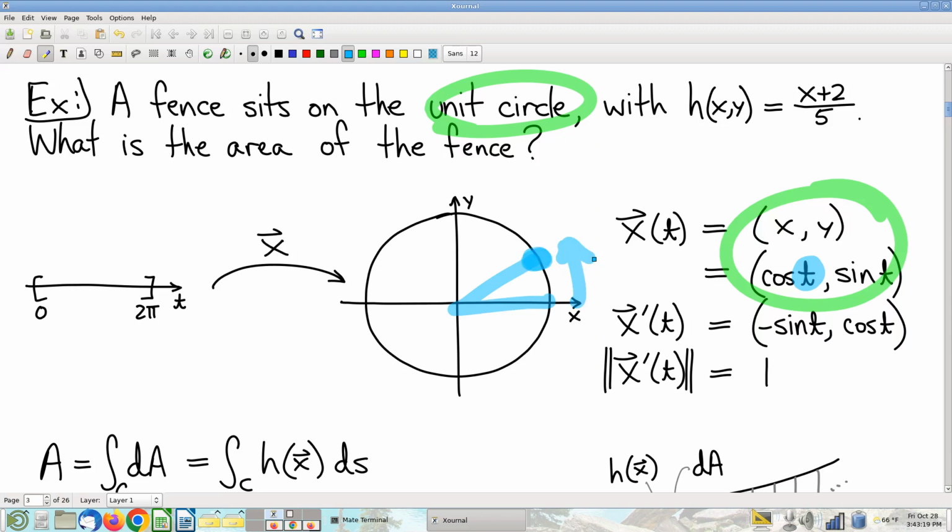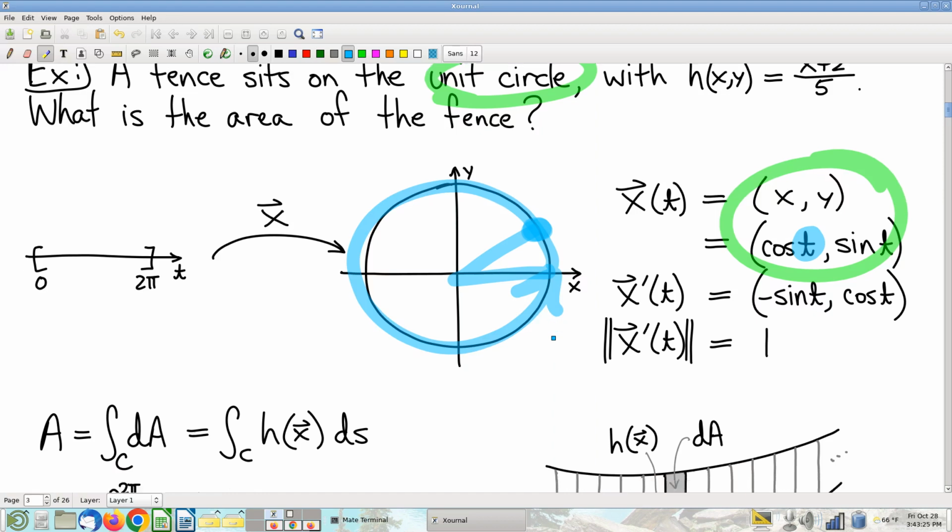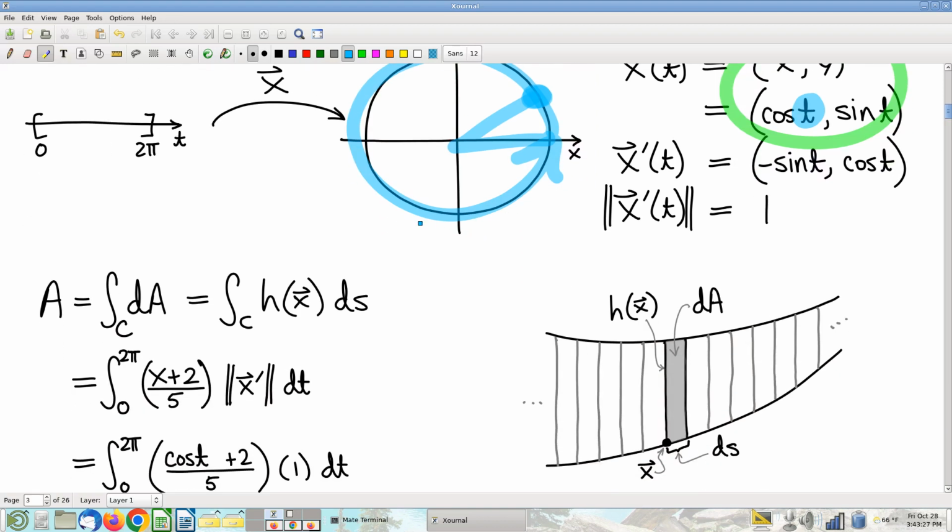And in order to trace out the whole unit circle, I need that angle t to go 0 to 2 pi. And so that means that t goes from 0 to 2 pi, because, again, that's the t bounds. Is that all right? Okay. Good deal.